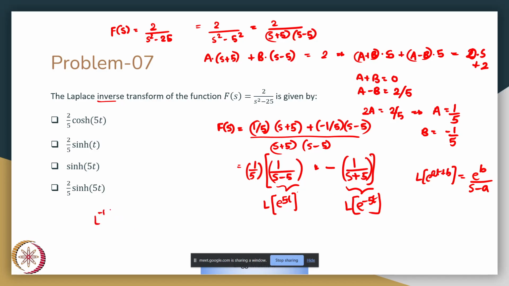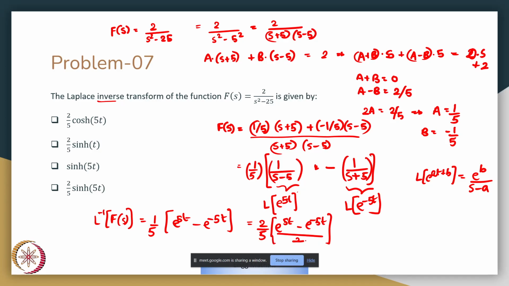So if I take the inverse Laplace transform of F of s, that is 1/5 times e raised to 5t minus e raised to minus 5t. If I multiply and divide by 2, that is 2/5 of e raised to 5t minus e raised to minus 5t upon 2.